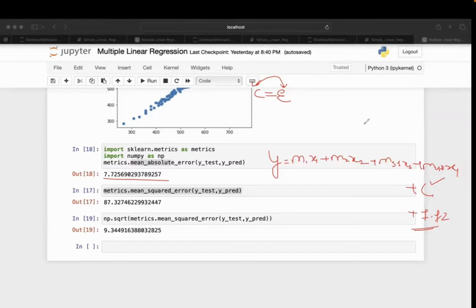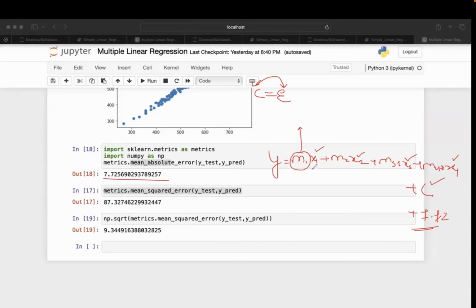Cool, done and dusted. Now what is the next thing we have to identify? We have features already available in the format of x. x1 is one of my features, x2 is another feature, x3 is another, and x4 is another. What about this m? What I told you, this is the coefficient of the linear regression feature, which means how important this feature is, or how much weightage this feature carries.